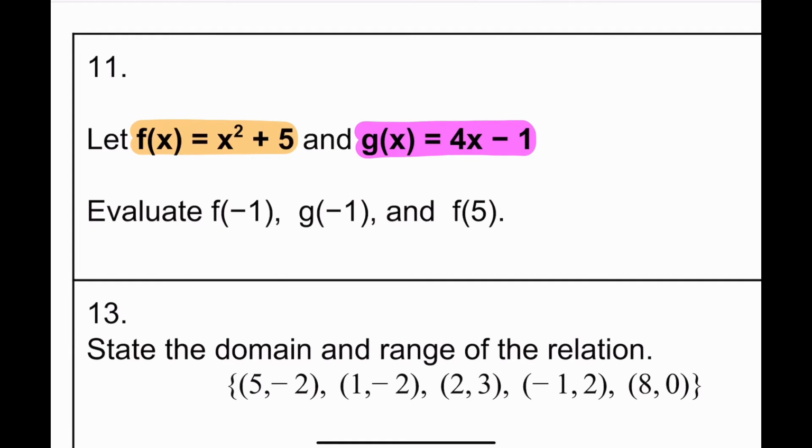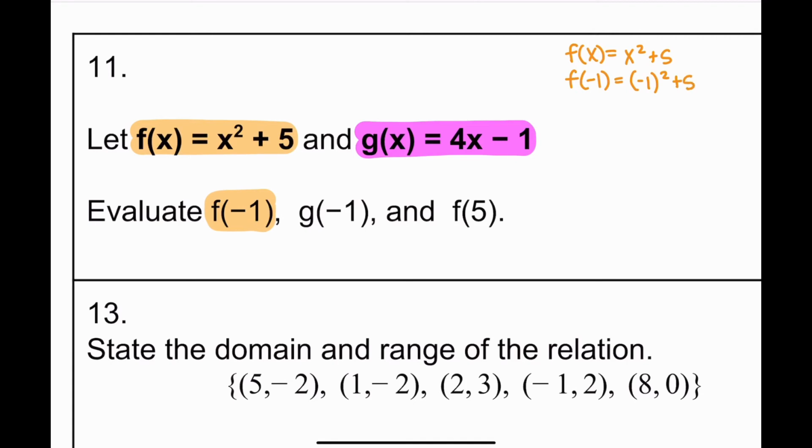The first one we'll do is f of negative 1. So f of negative 1 means that we're going to take negative 1 and plug it in everywhere we see an x in f of x. So if f of x is x squared plus 5, then whatever's in the parentheses is what replaces the x.